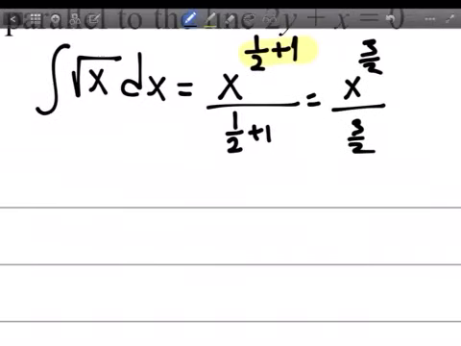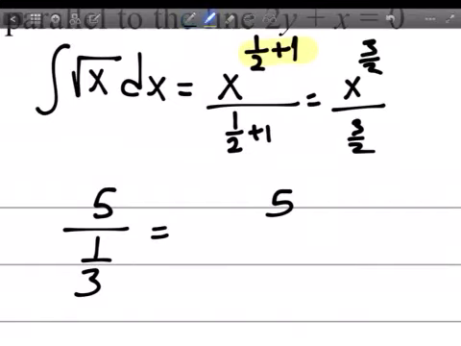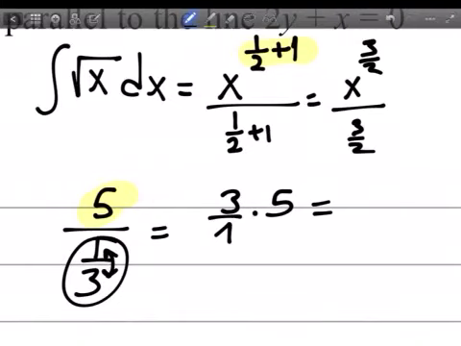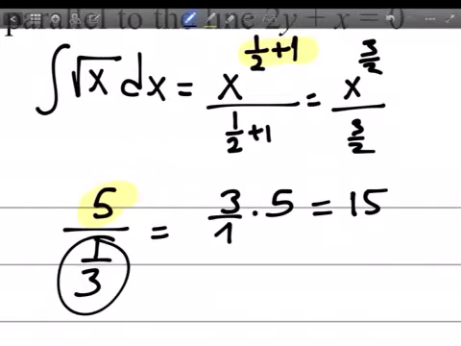And another good trick I want to talk about. For example, if we have 5 over 1 over 3, that means we have 5 already here, and we just swap it: 3 is the numerator, 1 is the denominator, like this. That will be an easy way of writing any rational number at the denominator.